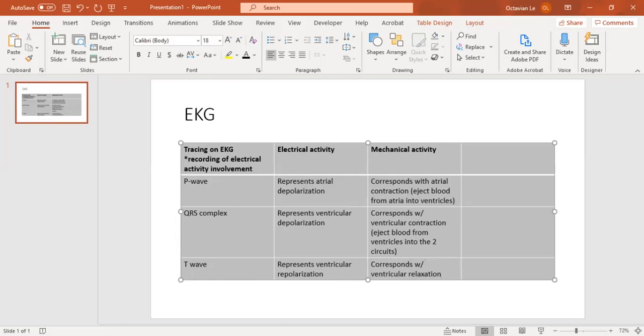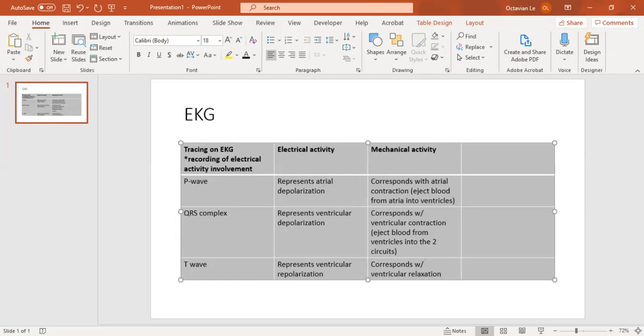So once again, the P wave, the QRS complex, and the T wave are the tracing on the EKG, and the tracing represents the recording of the electrical activity involved.